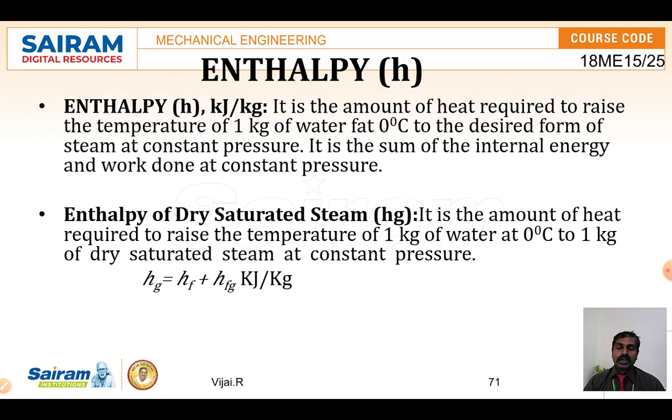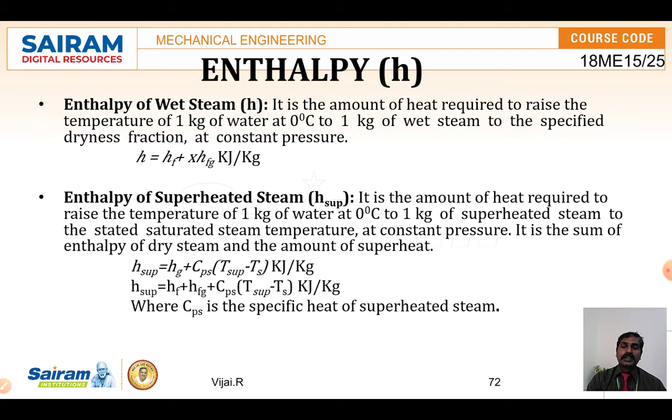To convert the water into dry saturated steam, how much heat is required is called the enthalpy of dry steam. The formula is Hg is equal to Hf plus Hfg.